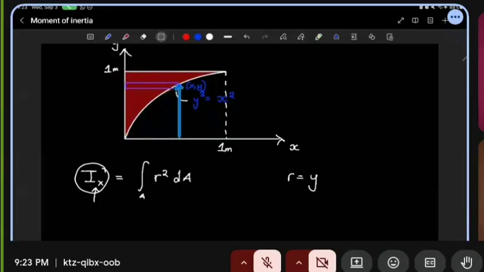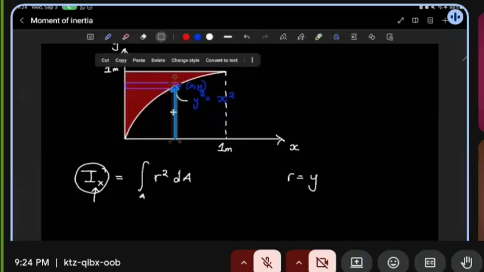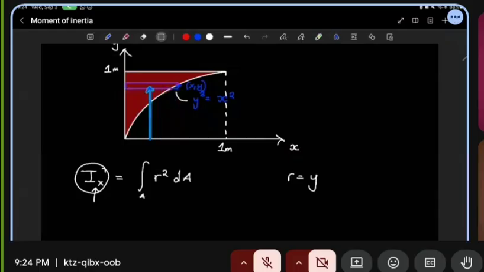Because of that, the radius is going to be y, since that distance from the x-axis to where those points are corresponds to a y value. So this is why here the radius is a y.